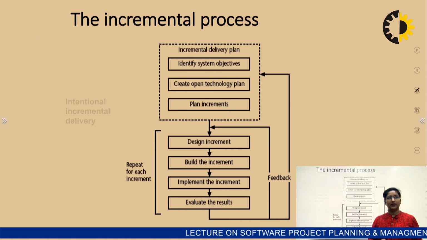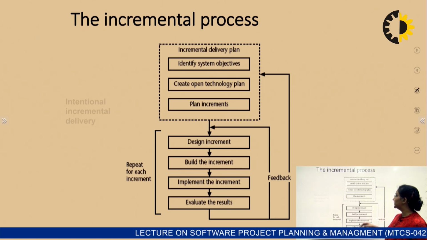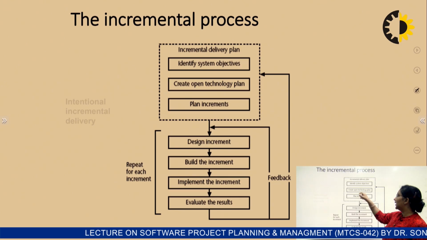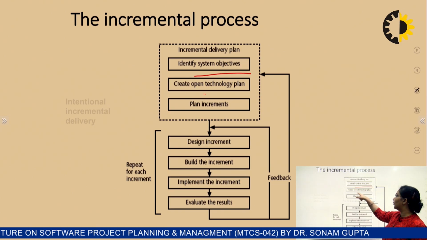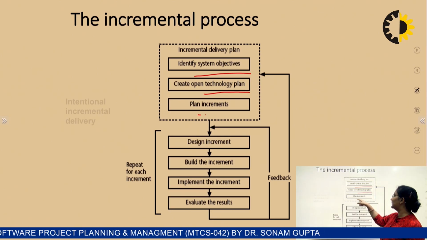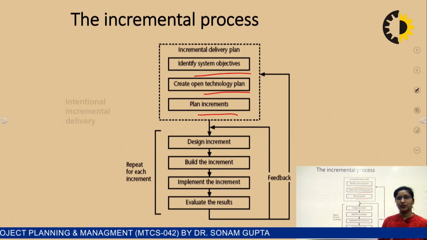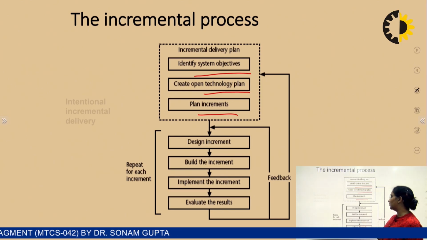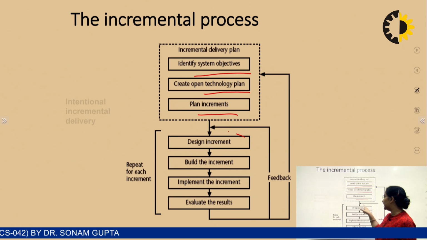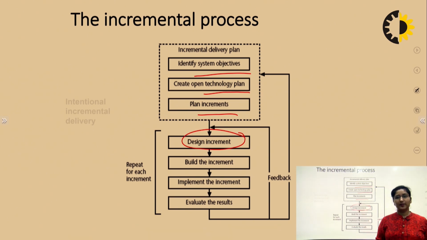Now, this will be the complete process. If we see, this is a delivery plan. Identify the system objectives, create an open technology plan, then plan the increments accordingly. So, this will be the first increment. For each increment, what we are going to do is design the increment: first increment is design, second is design, third is design. Then we build the increment, on the basis of that design.